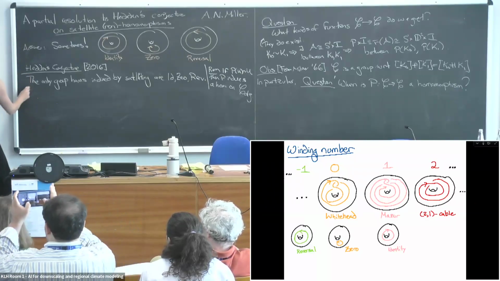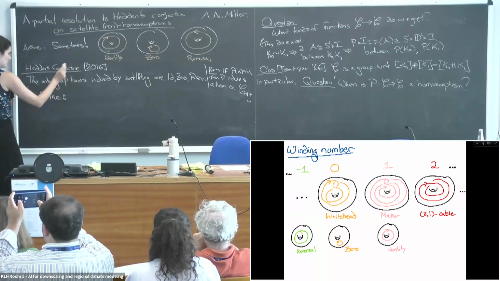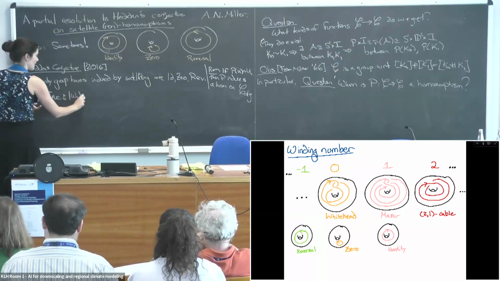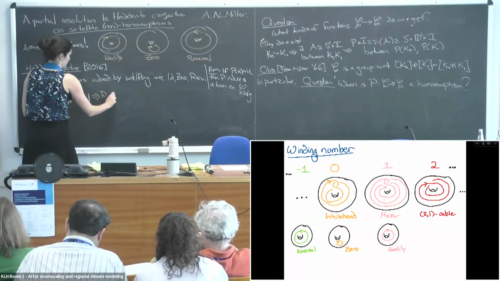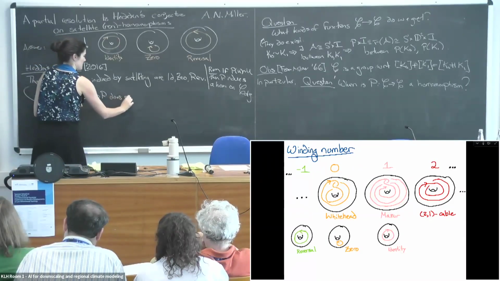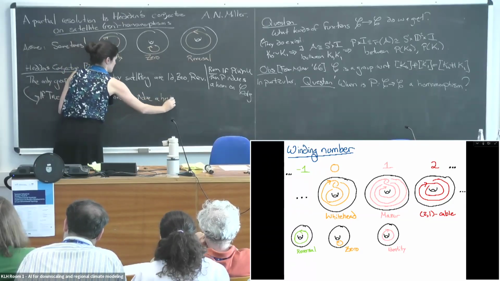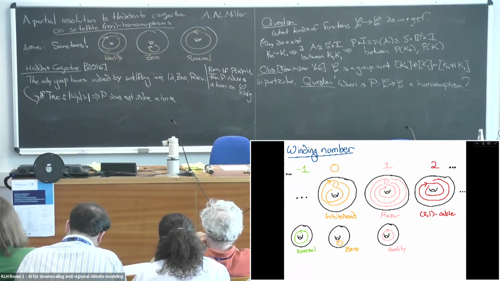So in particular, this is a weaker statement, but whenever the winding number of P is greater than 1, P does not induce a homomorphism. This is the sense in which it's quite striking how much we don't know.